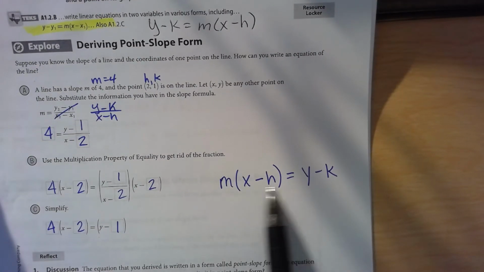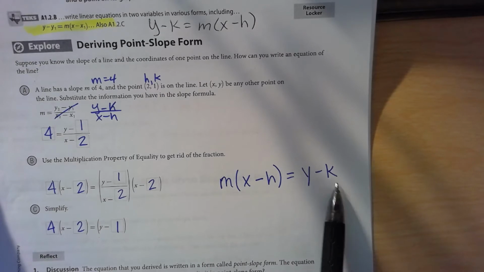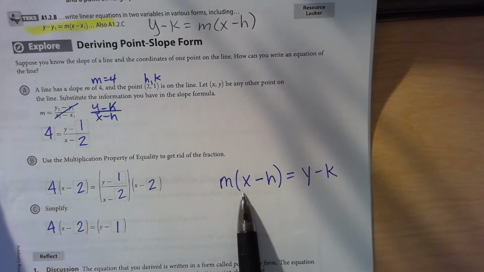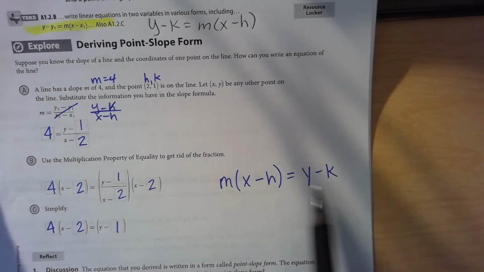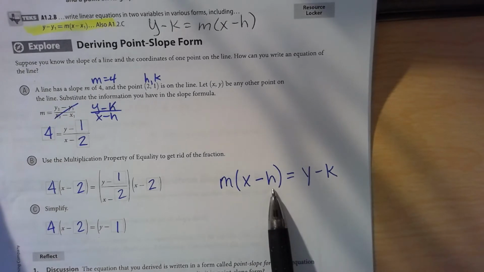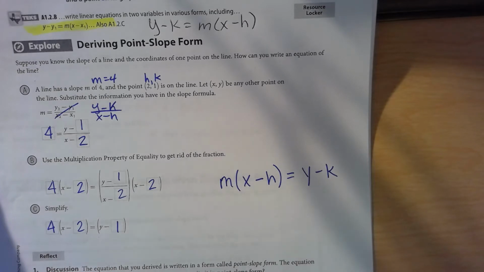So here is the version of what the point slope should look like: M times X minus H equals Y minus K. Doing it that way allows us to stick with one specific point every time. So we're going to make that our setup.